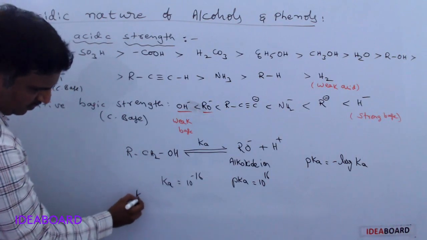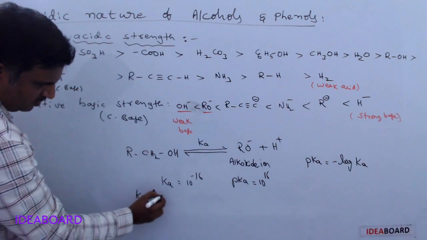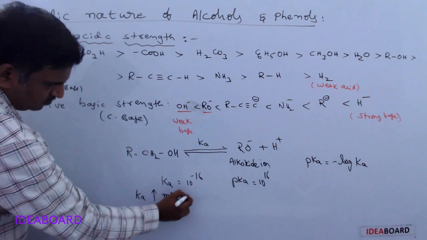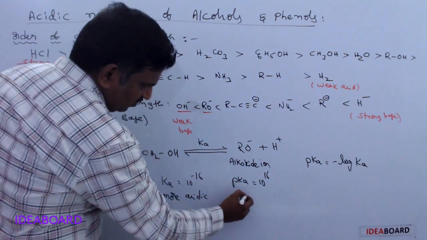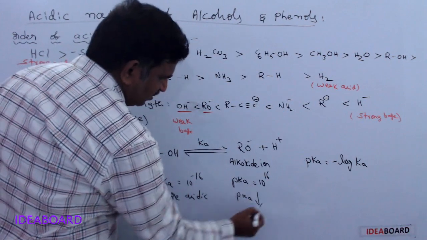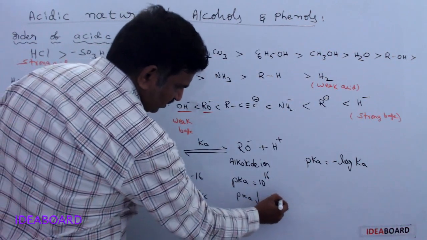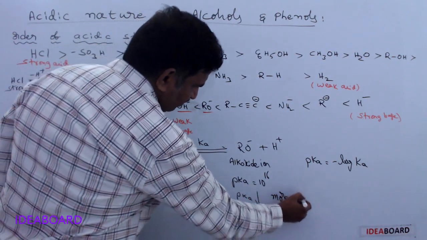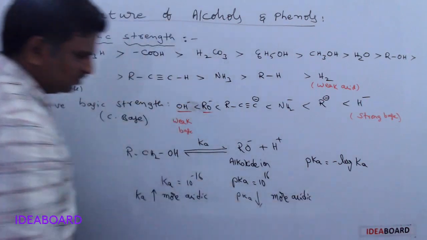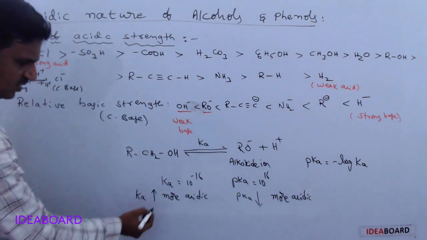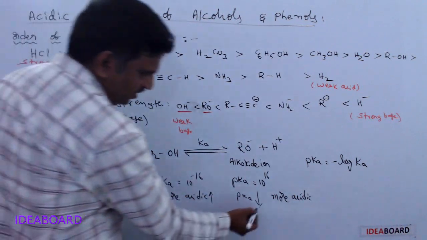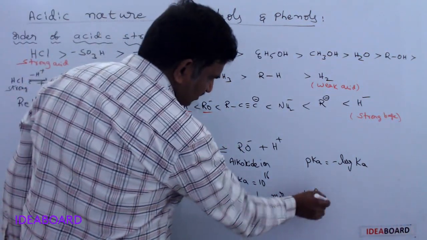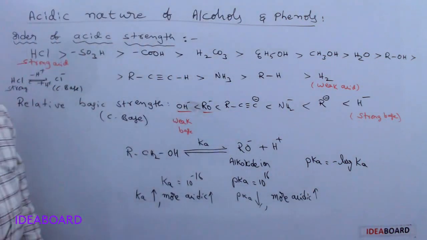If the Ka value is higher, it becomes more acidic. And if the pKa value is lower, then it becomes more acidic. So when the Ka value increases, acidic nature also increases. When the pKa value decreases, then acidic nature increases.